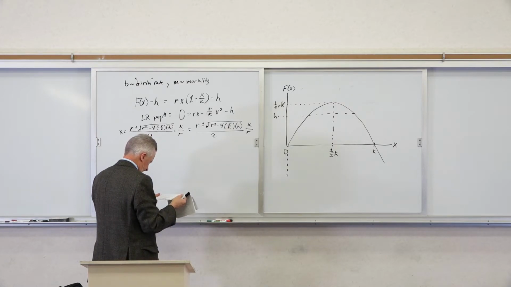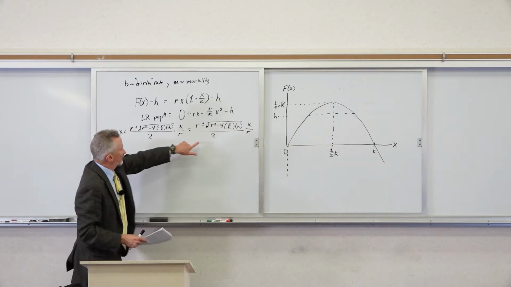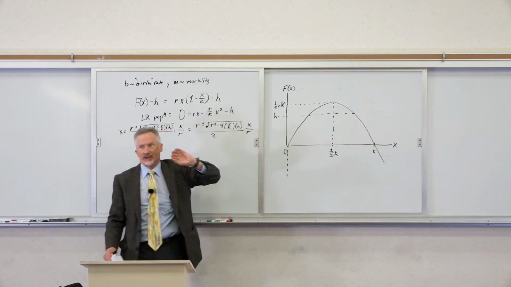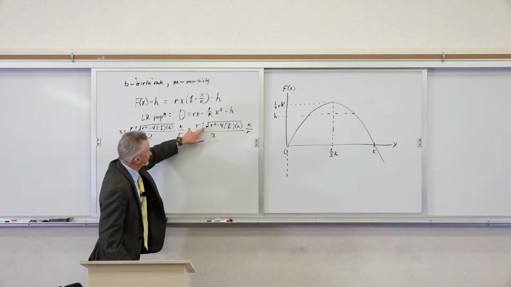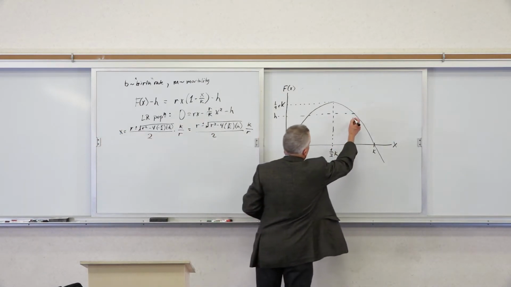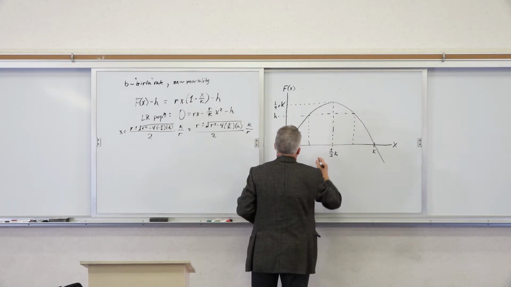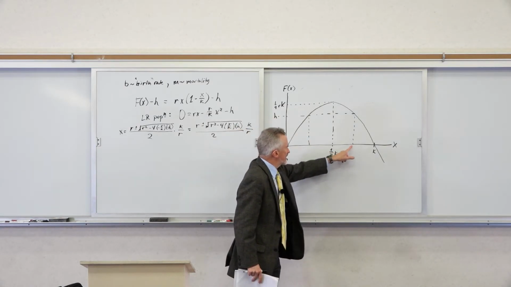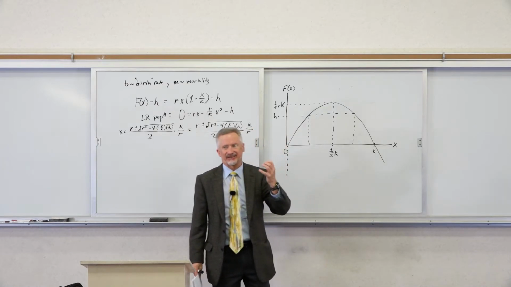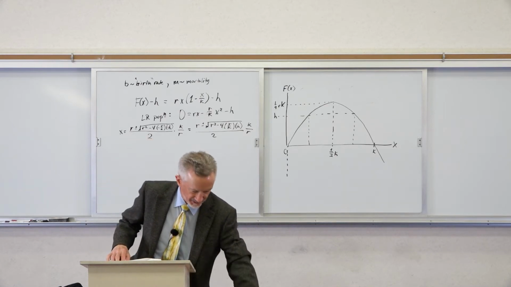We solve this and find these two solutions, the plus or minus. And so we are at points like this. In other words, for a level of harvest H, there are two different population levels that give us an equilibrium, a long-run equilibrium.